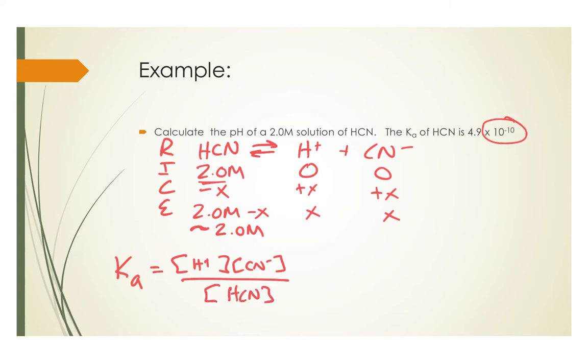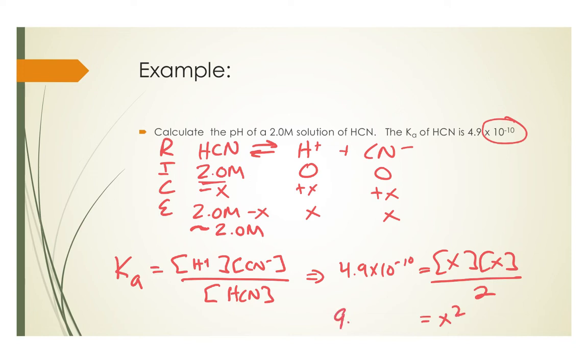All right, so with this, we can plug in. Ka is 4.9 times 10 to the negative 10th equals X times X all over 2, or X squared equals 9.8 times 10 to the negative 10th.